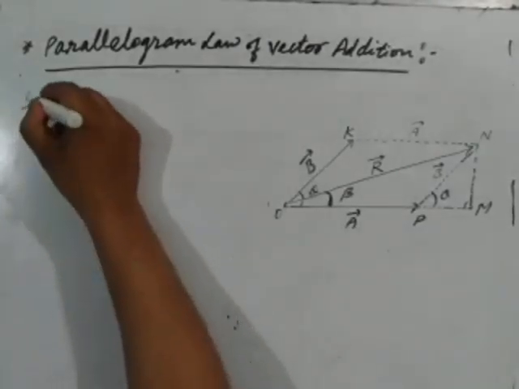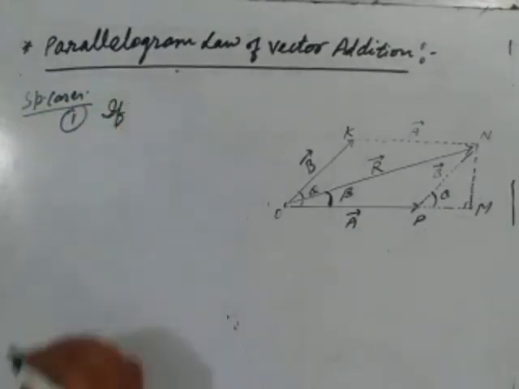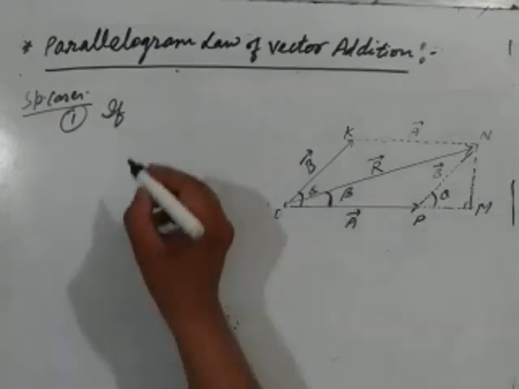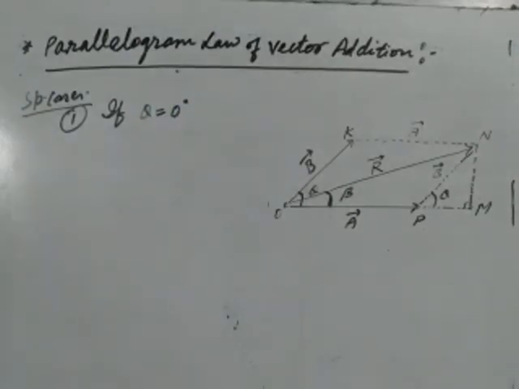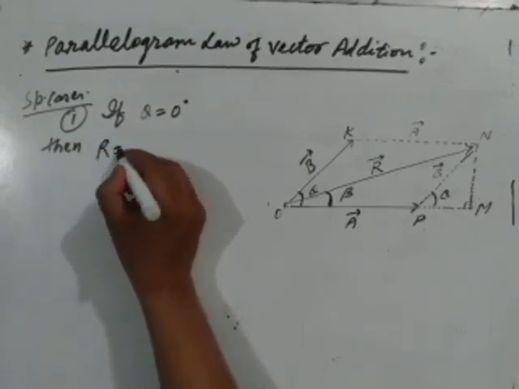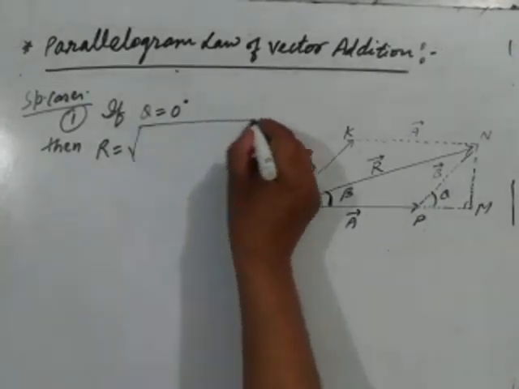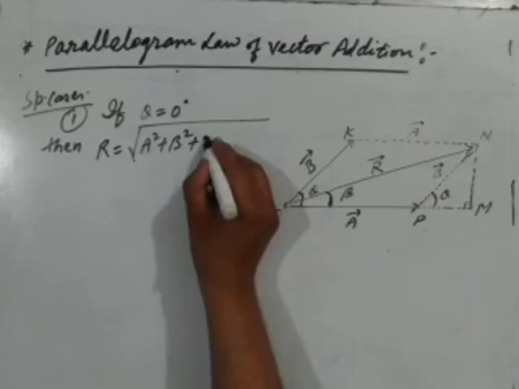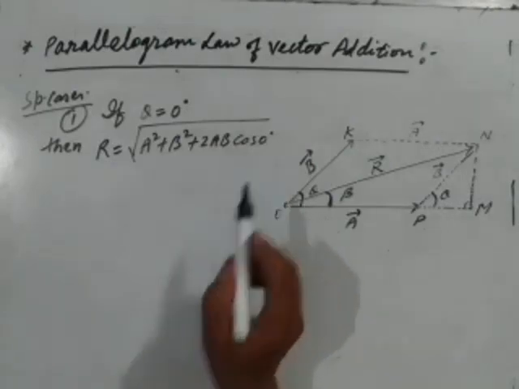Now special cases. Number first, if the angle between a vector and b vector is 0 degree, if theta equal to 0 degree, then r, we have calculated the general formula for resultant, a square plus b square plus 2ab cos of 0, and the value of cos 0 is 1.